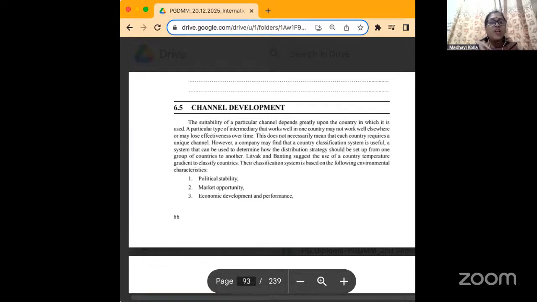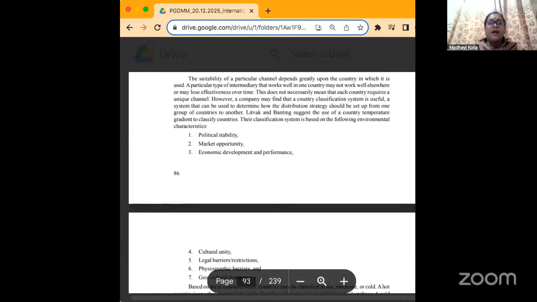And then we have channel development. How is this important and how does it affect a manufacturer? Here we are saying that while there can be a distribution channel from one country to one other country or to several other countries, the temperature gradient used to classify countries is highly characteristic.